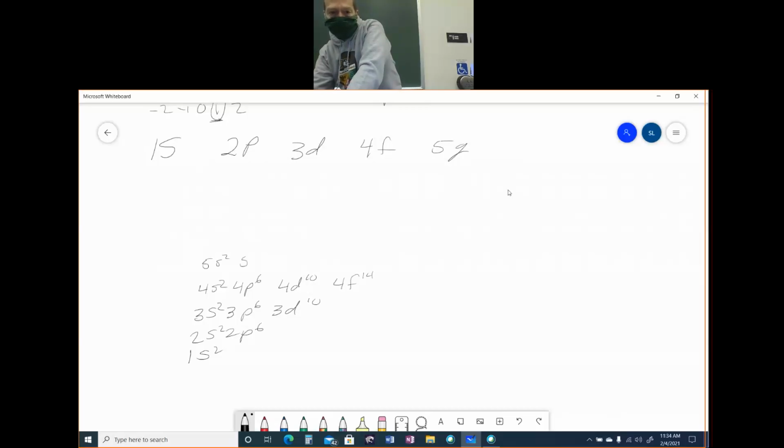S, P, D, F, and G. But note, there are no known elements that have a 5G electron at this point. 6 has 6. S, P, D, F, G, H.